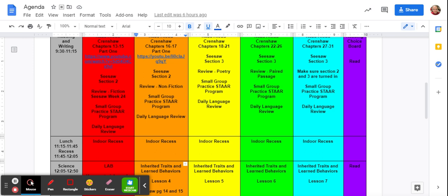And then we had Seesaw opened again, and in the other tab, we had reading week 34.